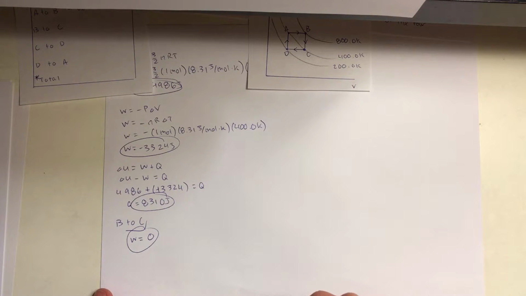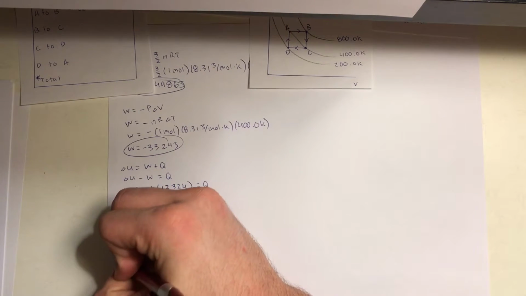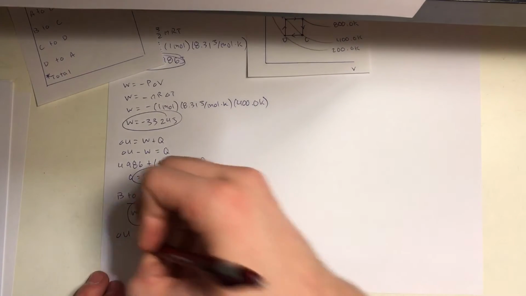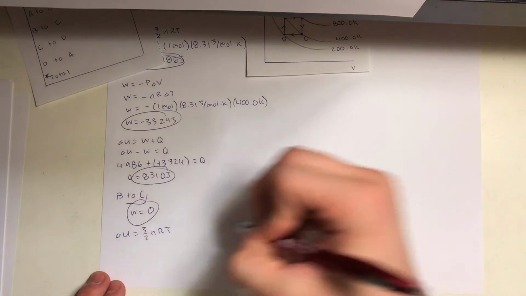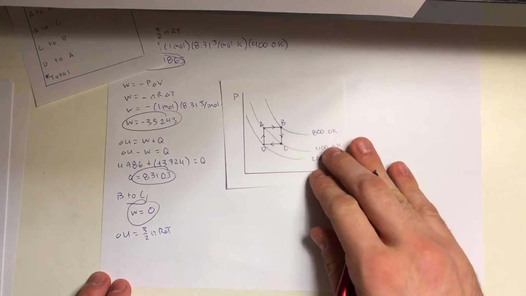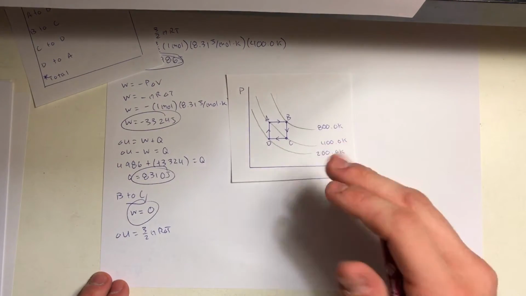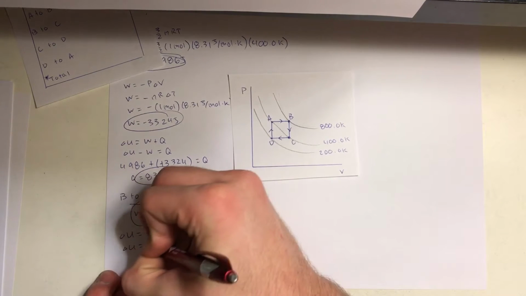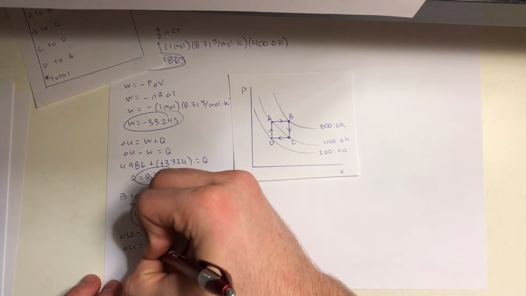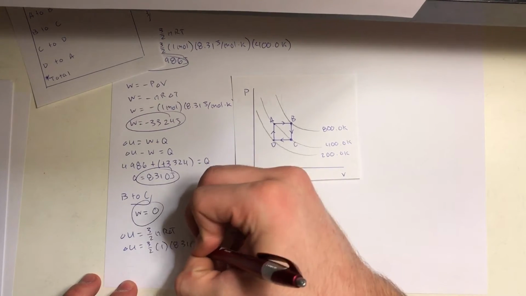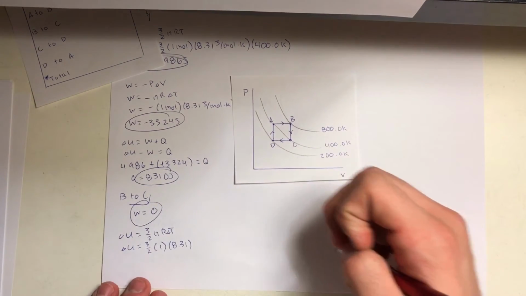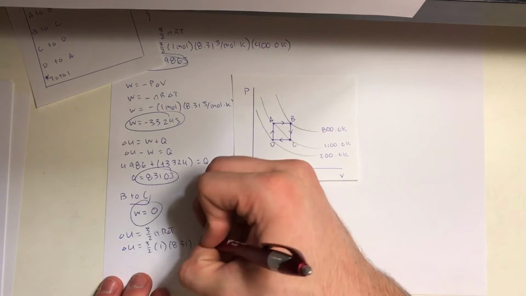Then we can either find Q using an equation, or we can find delta U. I will go with delta U, just like the above equation, equals 3/2 nR delta T. Delta U equals 3/2 times 1 mole times 8.31 joules per mole times Kelvin.